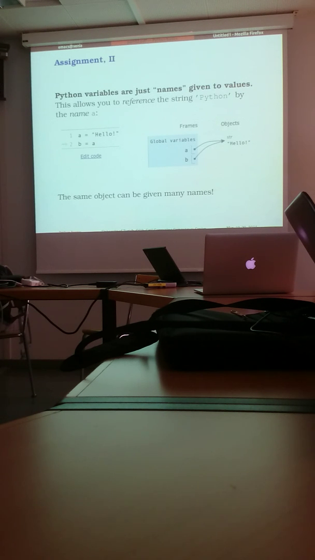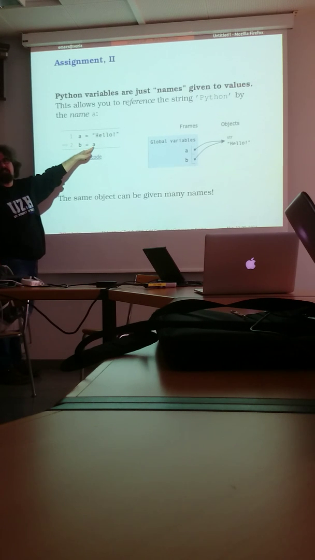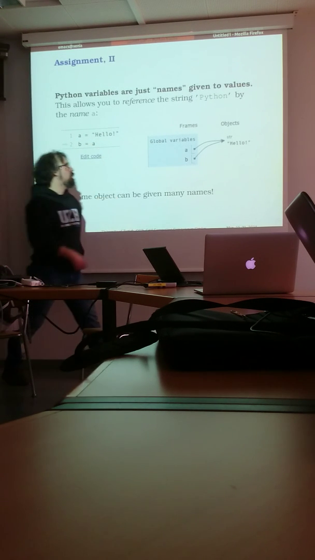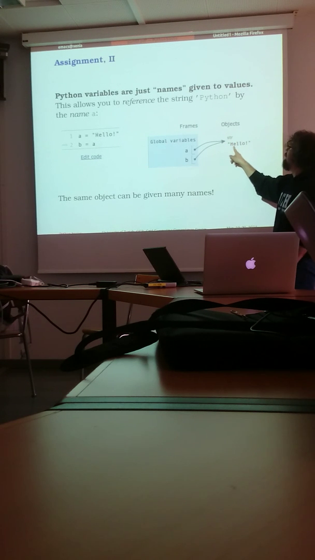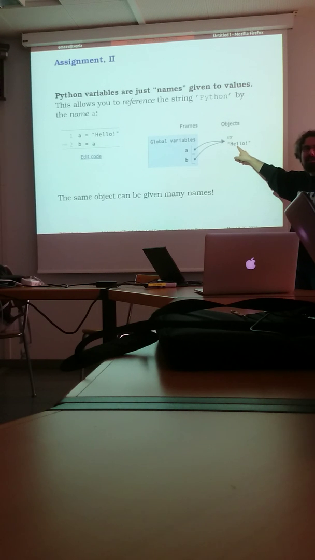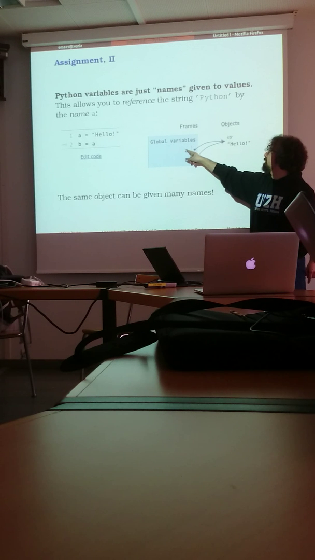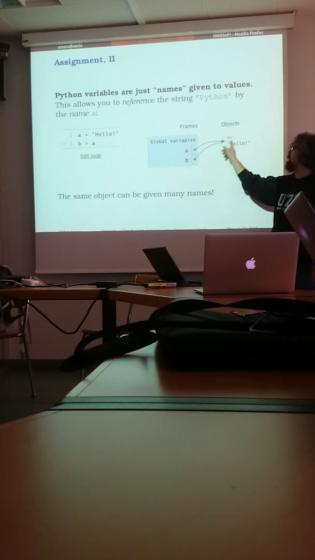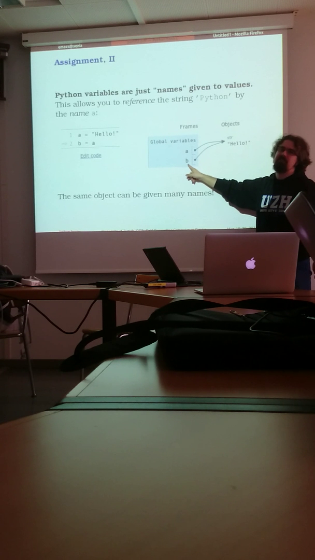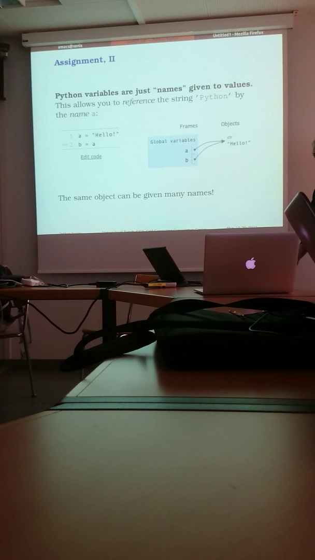So when two variables refer to the same string, it means that you refer to this hello string by two different names, but the underlying value is the same. So you are not copying this string into two different locations in memory. You are just saying to the interpreter, I want to refer to the hello string by this name or this name. A bit like pointers, except we don't have pointer arithmetic.